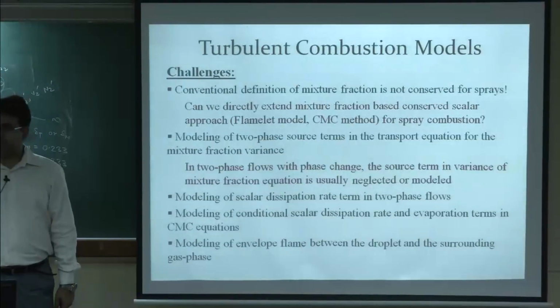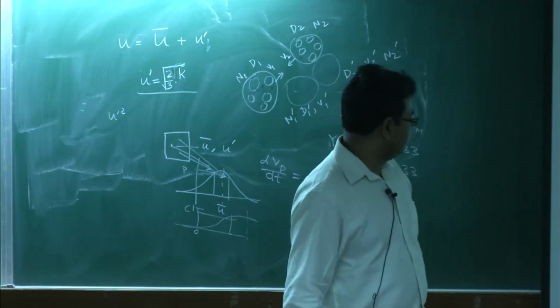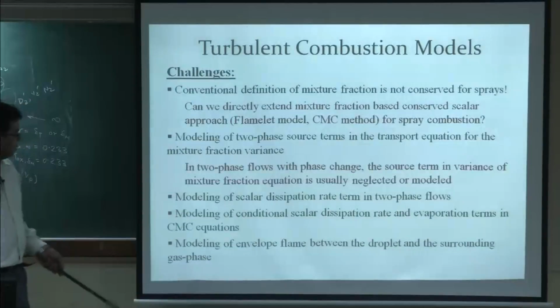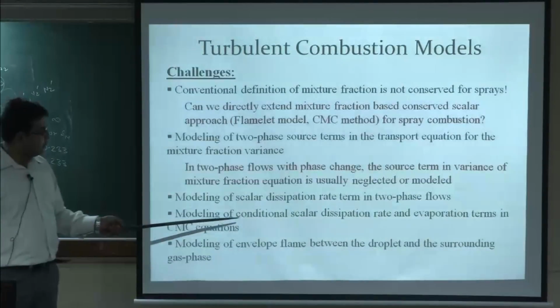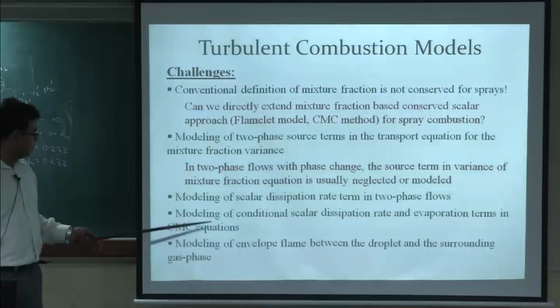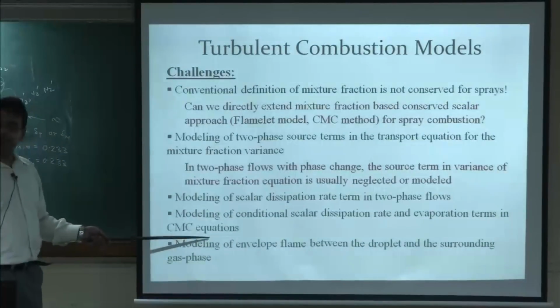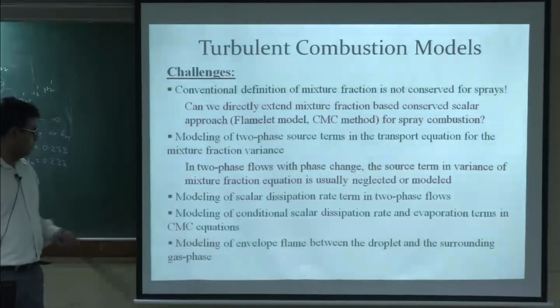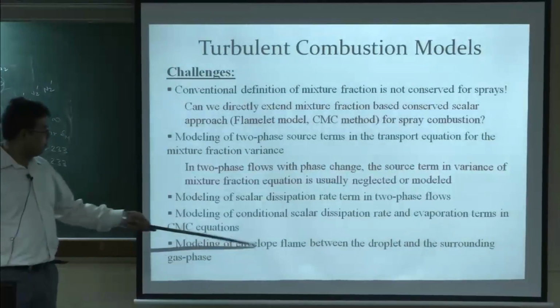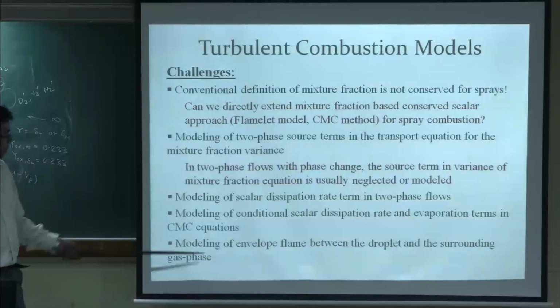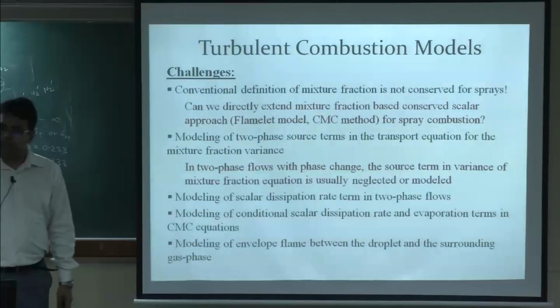So that is another key question. Okay. So we will talk about that. The modeling of scalar dissipation rate in two phase flows, and when you are dealing with the conditional moment closure method, you need to have a modeling of conditional scalar dissipation rate and evaporation terms in CMC equations. The modeling of the envelope flame between the droplet and the surrounding gas phase. Okay. Most models do not consider the envelope flame, right?